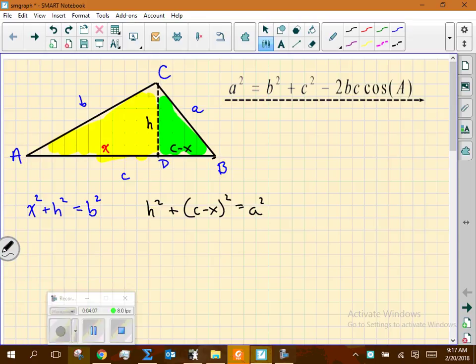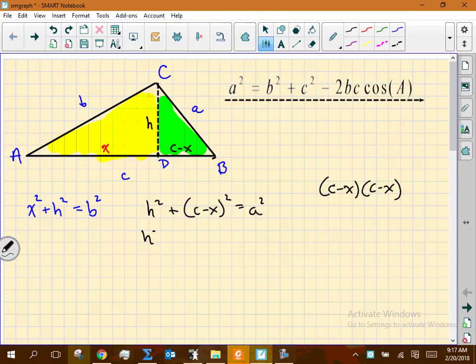Now I'm going to do a little bit of work here, because (c minus x) squared actually means (c minus x) times (c minus x). Can we FOIL that out? c times c would be c squared. I'm going to get negative cx and then negative cx, so it becomes negative 2cx, and then plus x squared is equal to a squared, right?